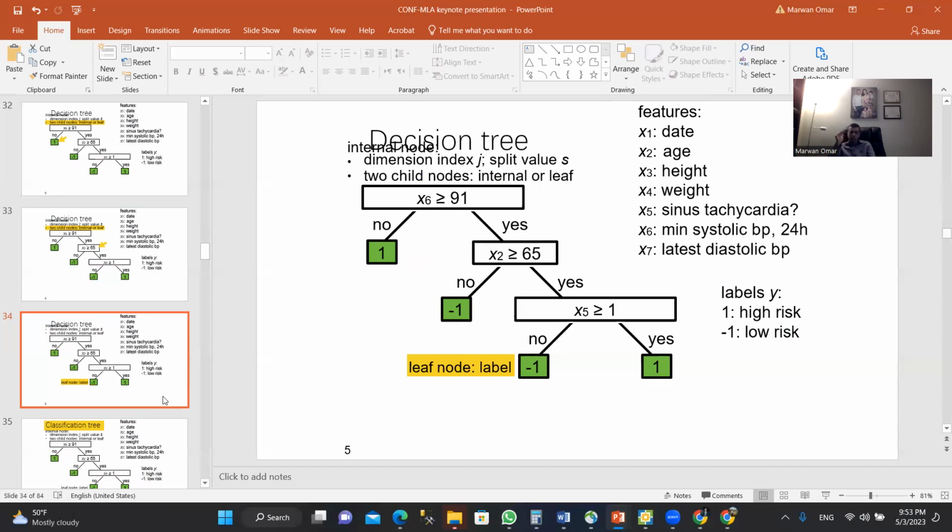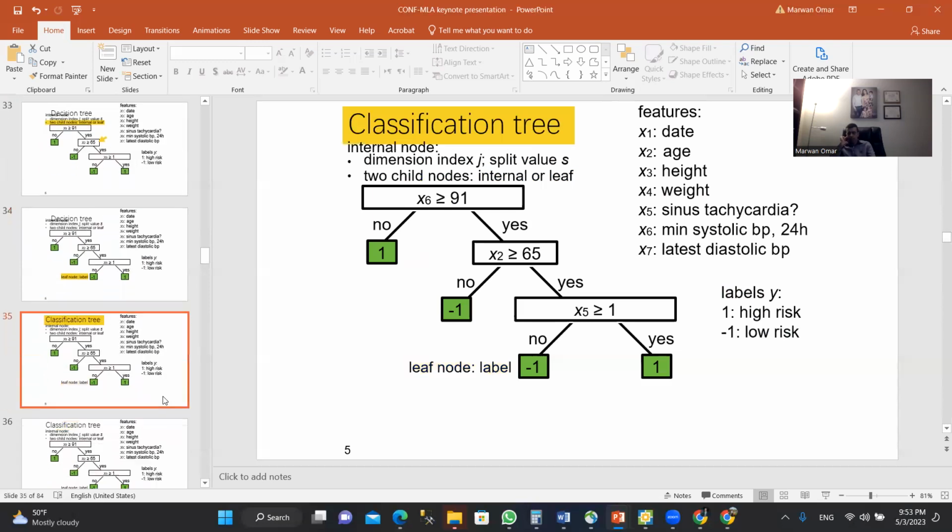So again, we have internal nodes and we have leaf nodes. The leaf nodes are usually the labels. So this is considered a classification problem because it classifies a patient as either being at low risk or being at high risk based on a series of questions that we have asked.